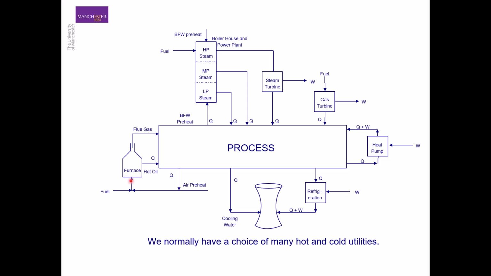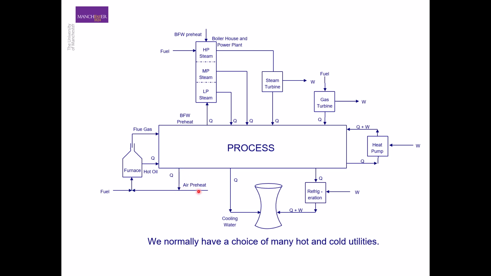Obviously, for the furnace we need fuel, and in addition to fuel we need to provide air. This air can be at ambient temperature, and sometimes we actually decide to preheat the air, and to do that we can use some of the heat from either flue gas or hot oil to preheat the air.